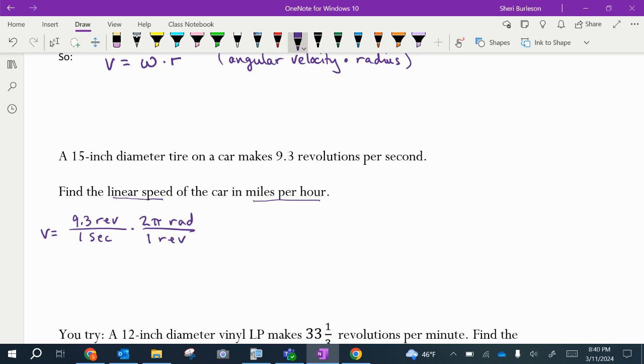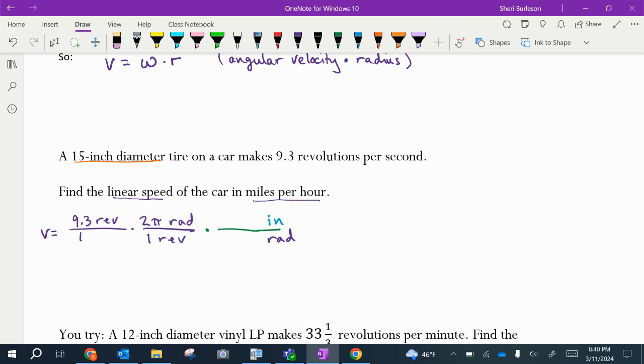And now I have my diameter. I've been told the diameter, but I need to multiply by a unit of measure times the radius. And my radius is going to be in inches. So I'm going to have, actually, I should do this in purple. The radius is in inches, and I should actually put my seconds.